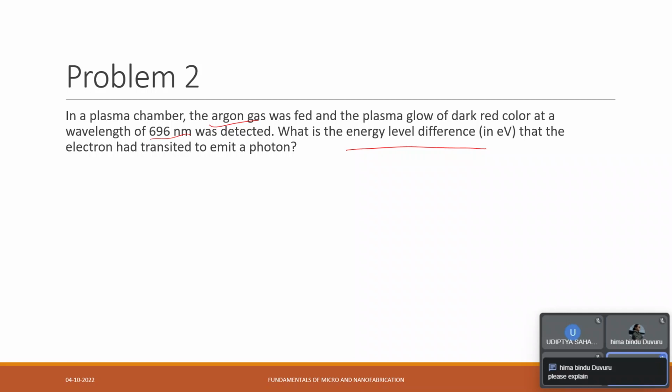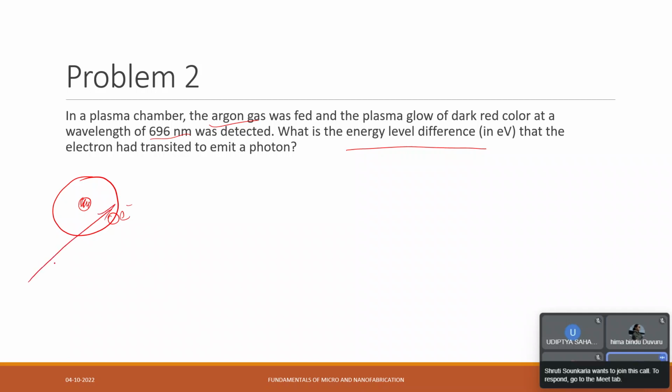Let's simplify how the things are happening. Yeah, sure. So essentially, you can consider you have an atom, okay, and we have an electron here. So what happens is that when electrons are bombarded to the argon, they attain a higher energy state.